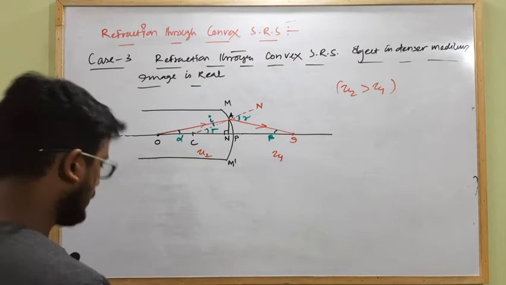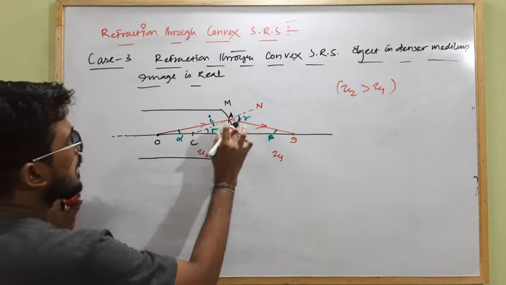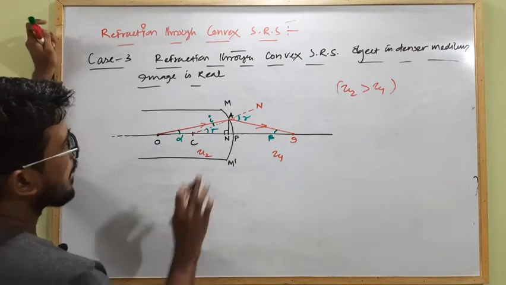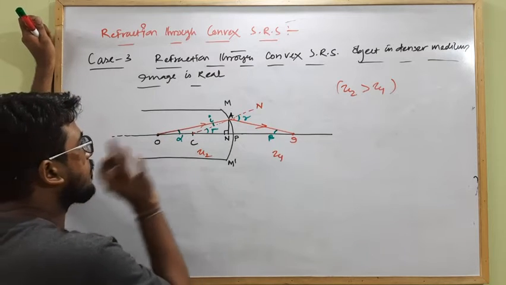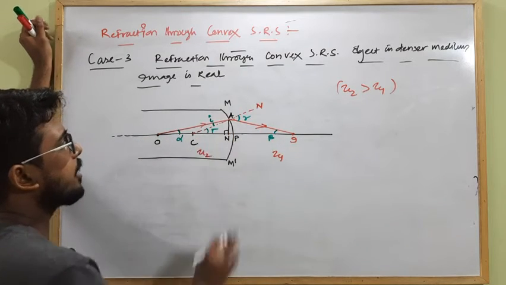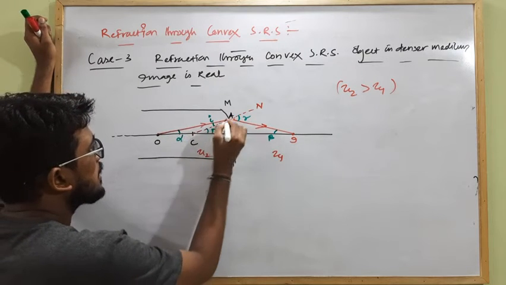So in this figure, in the right angle triangle, first of all we have to consider a triangle taking the center of curvature, object and point of incidence. So the triangle will be AOC.